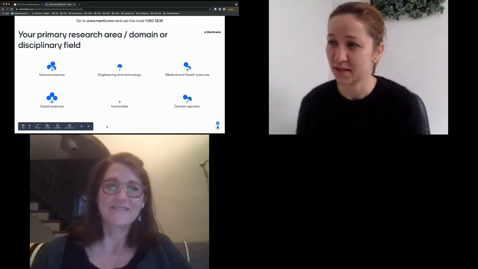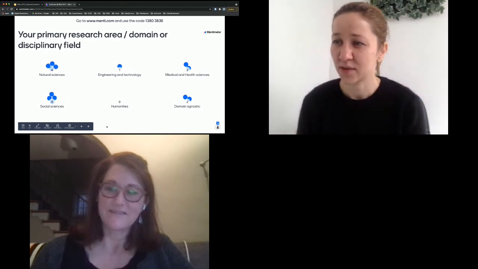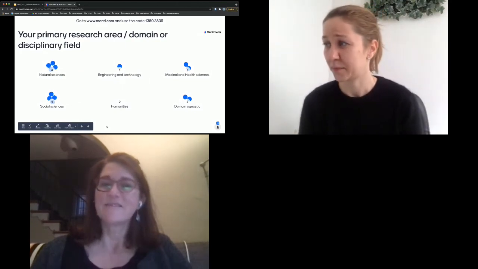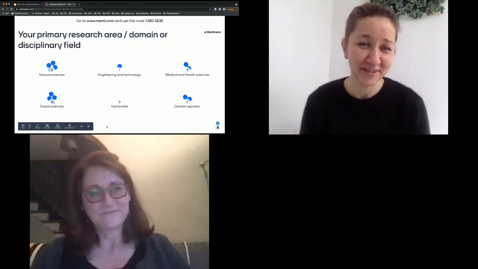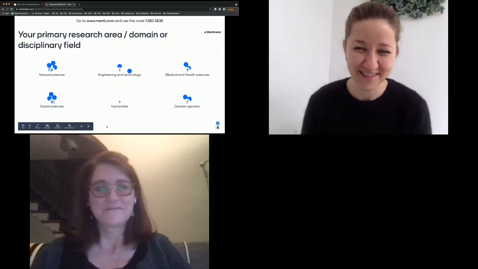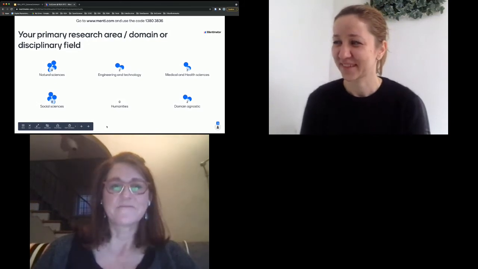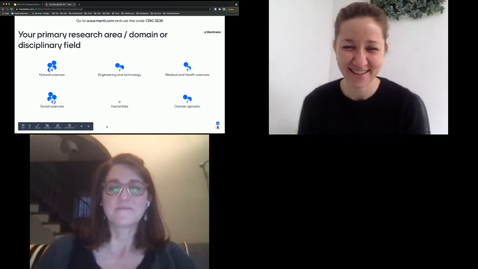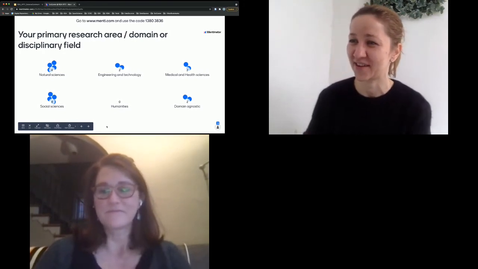Obviously, there are many disciplines under the umbrella of these, but we see social sciences and natural sciences are mostly at the same level. We have someone from engineering and technology, people from medical and health sciences. Domain agnostic should probably also be cross-disciplinary and interdisciplinary, because I don't think anyone is completely domain agnostic, in the sense that work most likely covers different areas.